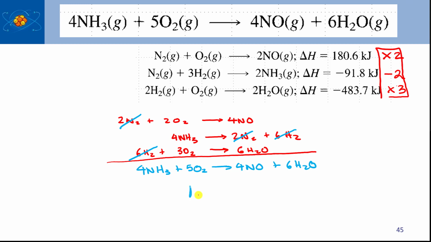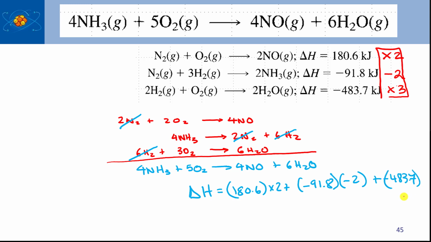And my delta H for this reaction, and this is how I do it. I would say it's 180.6 times 2 plus negative 91.8 times a minus 2 plus minus 483.7, and then I ran out of space, of course, times 3, and those are all in units of kilojoules like that.